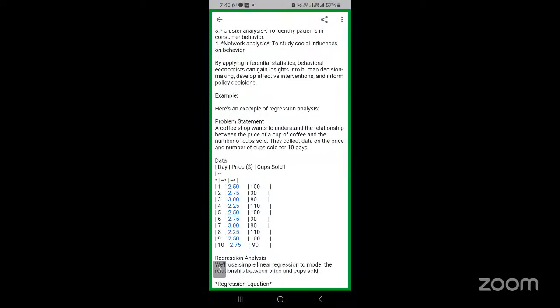So here is the regression analysis. The problem statement is that a coffee shop wants to understand the relationship between the price of a cup of coffee and the number of cups sold. So here they collect the data on the price and number of cups sold for 10 days.